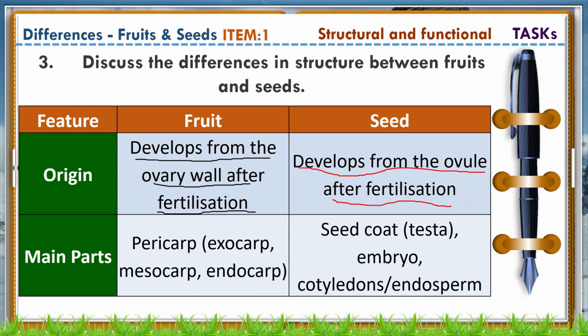When we come to the main parts of the fruit, we have what we call the pericarp. And the pericarp is made up of the exocarp, the mesocarp, and the endocarp. Whereas when you come to the seed, it has the seed coat, which we call the tester. There is the embryo, there is the cotyledon, and the endosperm. Those are the main parts of the fruit and the seed.